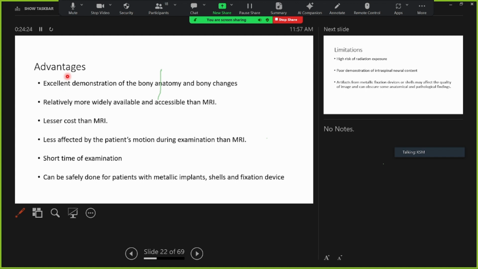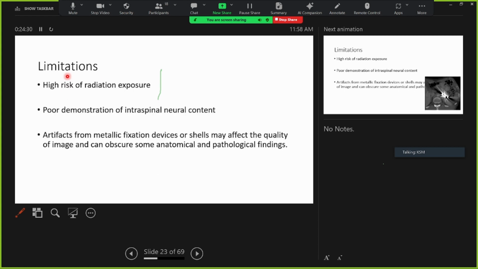Patients who have metallic foreign bodies, pellets or fixation devices can safely undergo CT. When you compare the radiation dose to X-ray, the CT radiation dose is much higher. So that is one of the limitations. And again, we can see the spinal canal, but the spinal cord or intraspinal neural content, we can't see it.